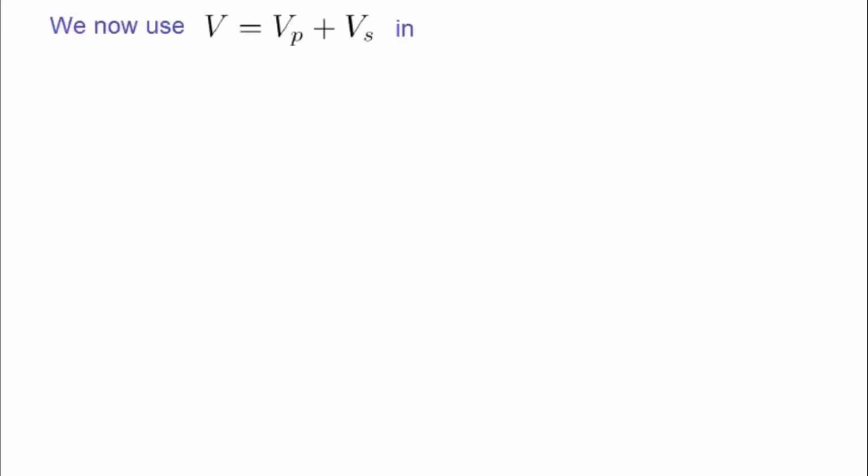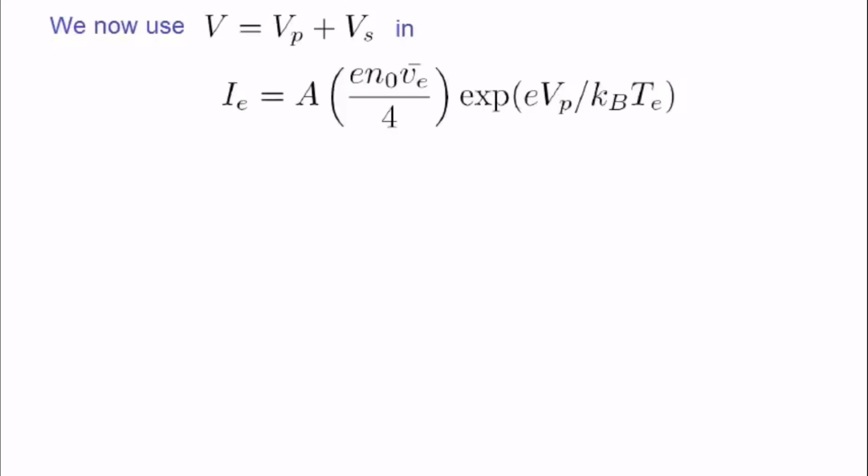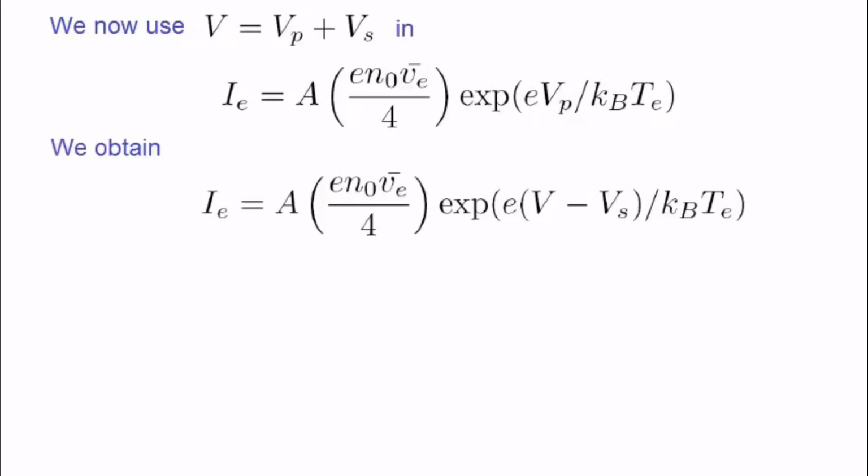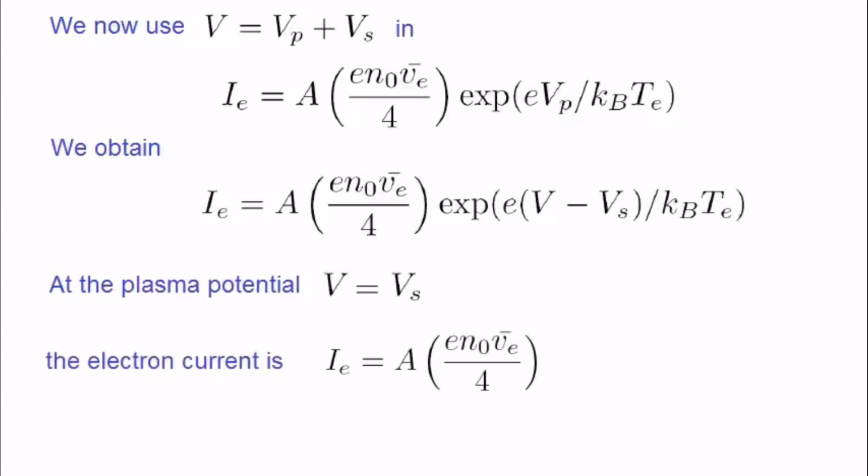We now use V equals Vp plus Vs in this, and we obtain the following. And at the plasma potential, we know that V equals Vs, and the electron current is this. And as we know the saturation current, we can obtain the plasma density.